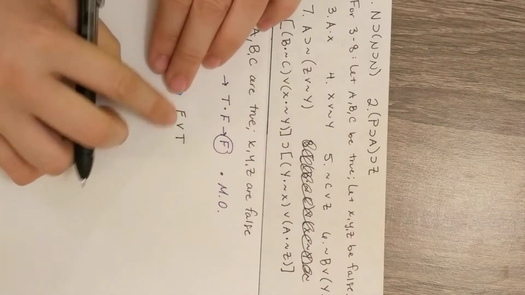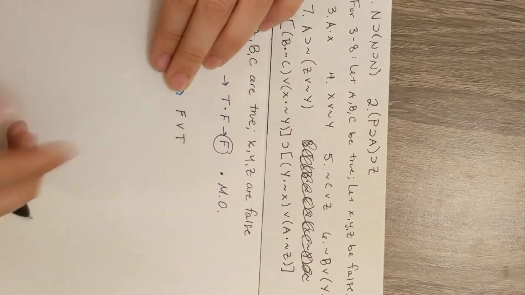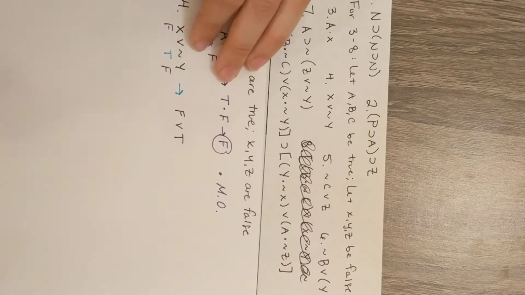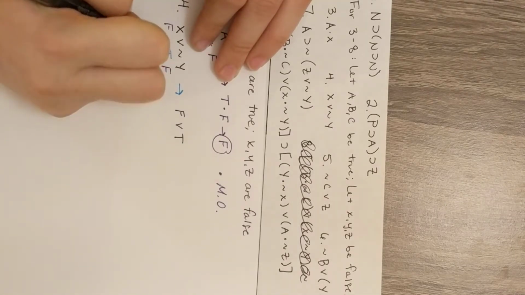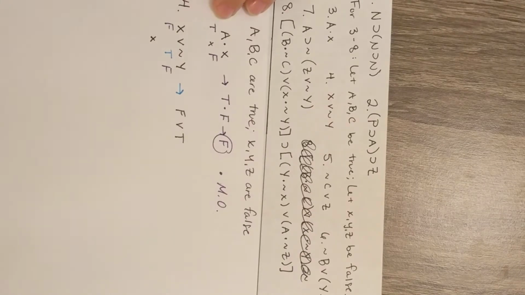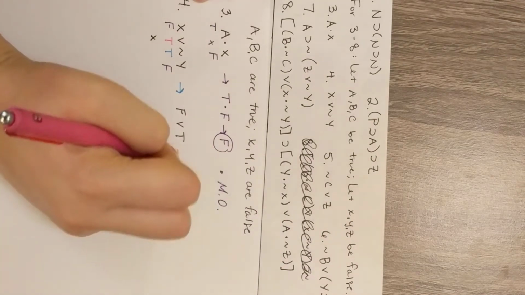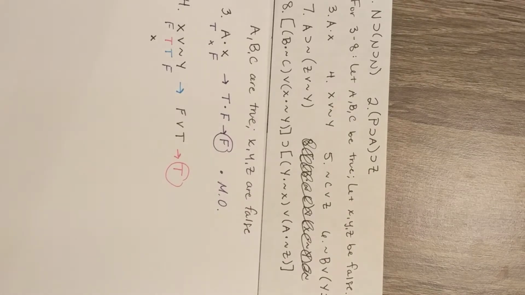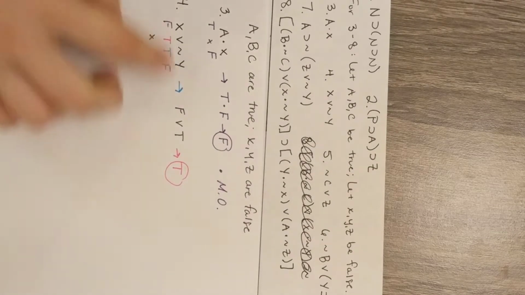So now I have a proposition with just one operator, so the or is my main operator. And false or true is true. So the main operator is true, so the whole proposition is true.